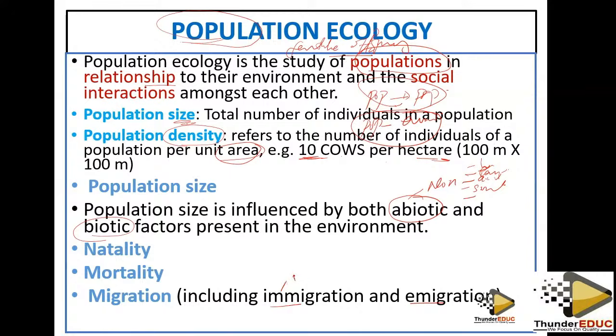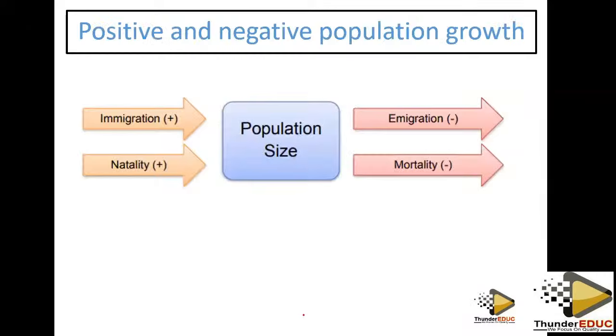This is coming in, and this is going out. So we call it immigration and emigration. This helps us to know the population size.